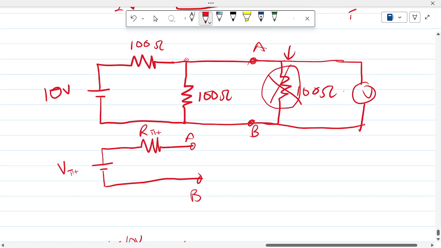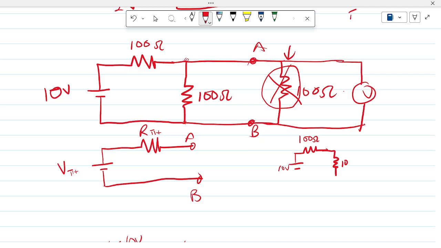So now our equivalent circuit here, let me just redraw that. Our 10 volts, then the 100 ohms, and the 100 ohms.